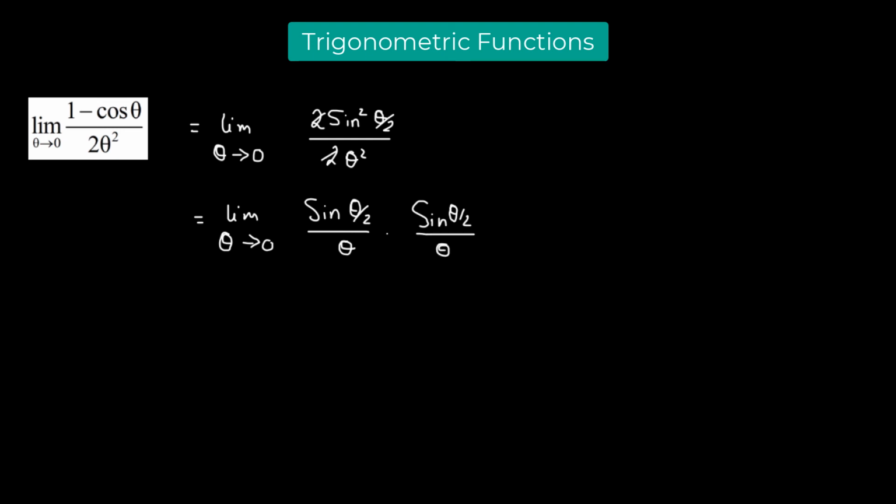So we're going to divide theta by 2, so that means we have to multiply by half. Similarly here, we are going to divide theta by 2, and that means we are going to multiply by half.